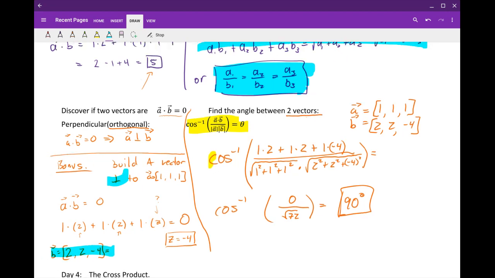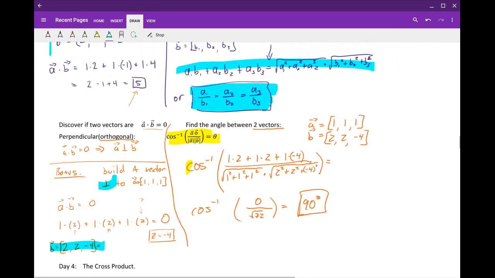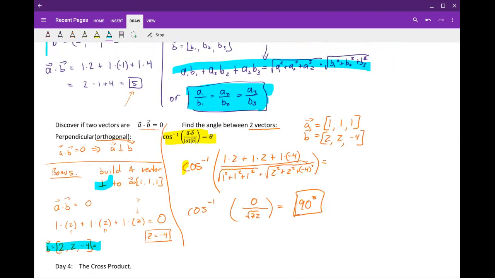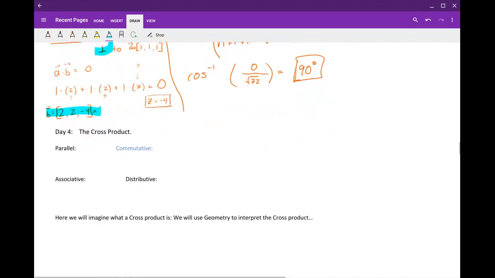So there's a couple of things. If you're familiar with the two-dimensional formulas, then the three-dimensional formulas are just spin-offs of that two-dimensional formula where you just add in an extra dimension, okay? Tomorrow, or the next video, we'll talk about the cross product, okay?